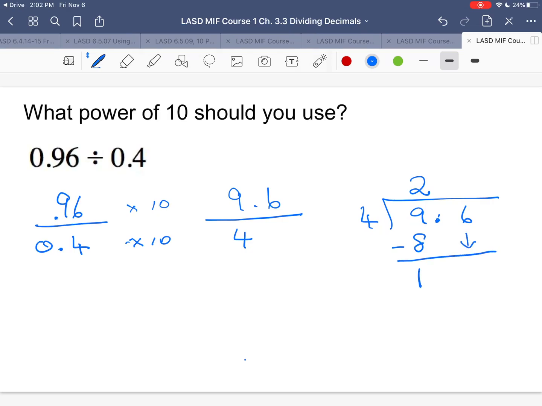And then I'll bring down the 6. There's a decimal point here. 4 times 4 is 16. I'm left with 0. So my answer is 2.4. And I chose my power of 10 based on the number of decimal places in the divisor.